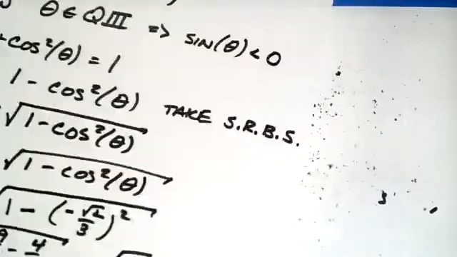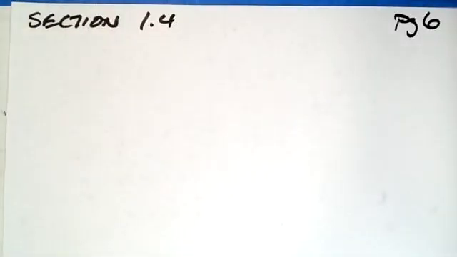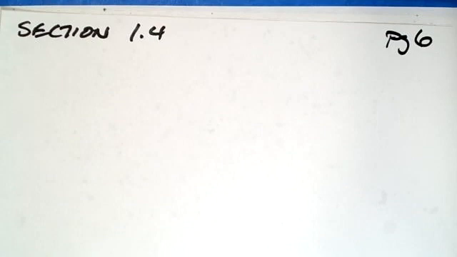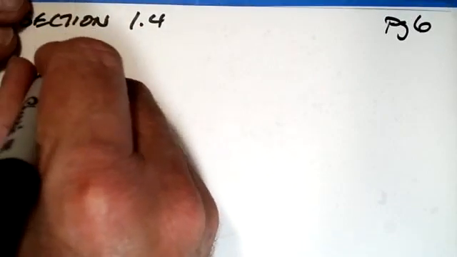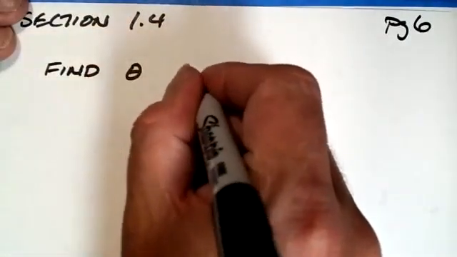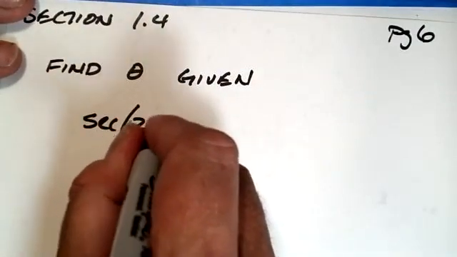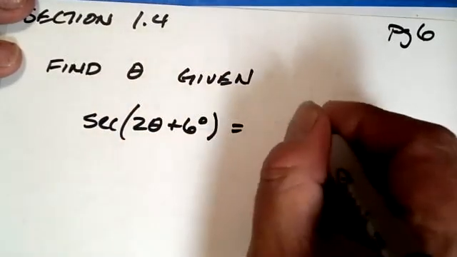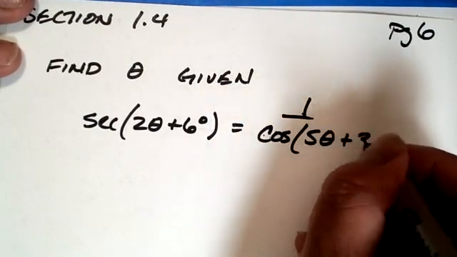Okay, so with that stated, there's really only one other thing that I want to talk about in section 1.4, which is these oddball problems that seem completely out of place here, where you've got something that looks like this: find theta given secant of 2 theta plus 6 degrees equal to 1 over cosine of 5 theta plus 3 degrees.